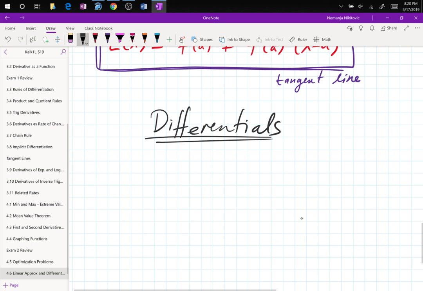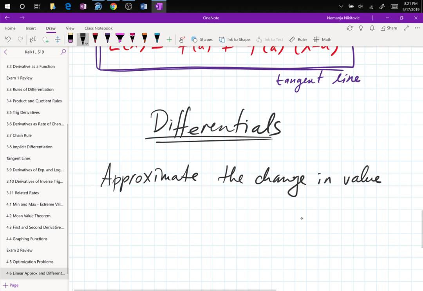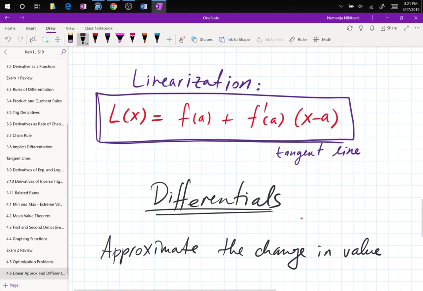So differentials approximate the change in value, where linearization over here approximates the value. So they are different. Linearization will approximate what is the value of the square root of 16, of the square root of 15.